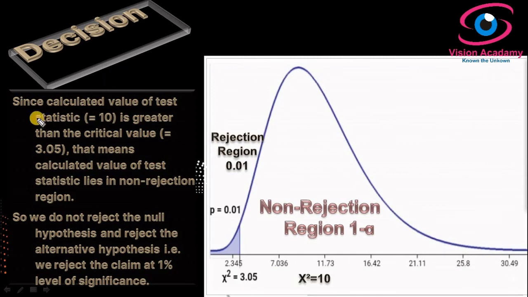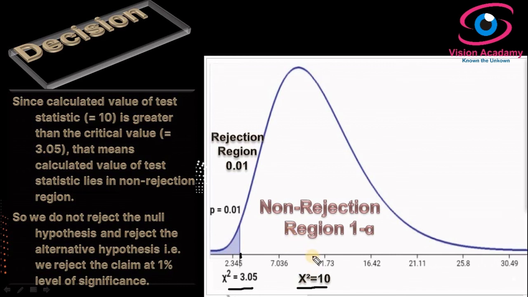So the decision can be taken since the calculated value of the test statistic is 10, and it is greater than the critical value. Our critical value is 3.05 from the chi-square distribution. It falls here. That means the calculated value of the test statistic lies in the non-rejection region.